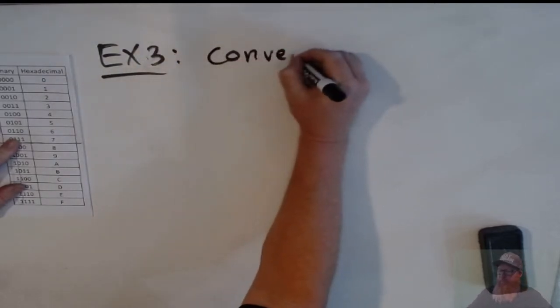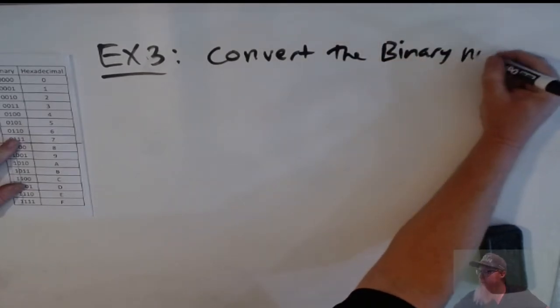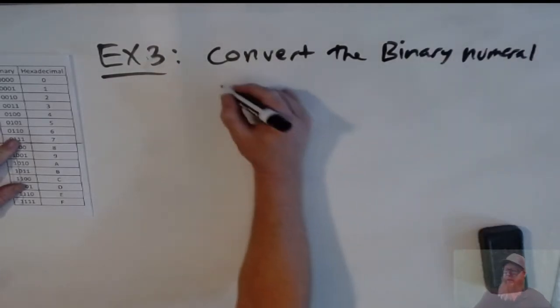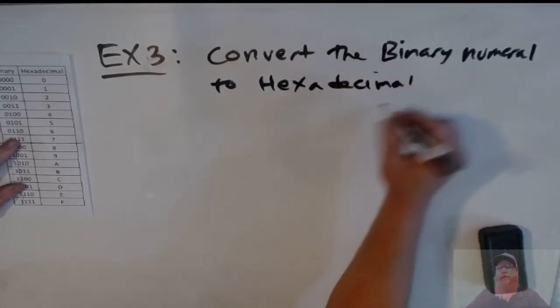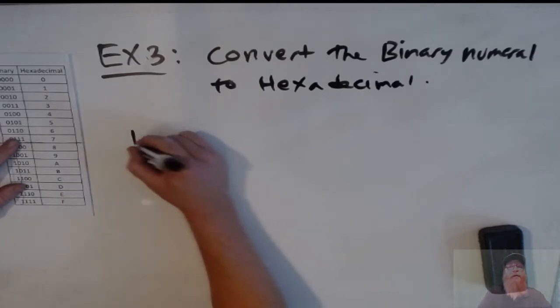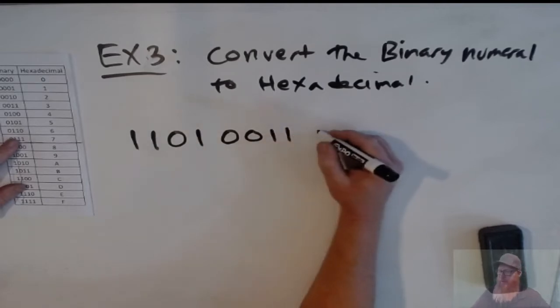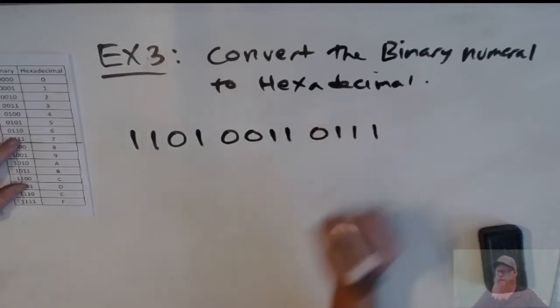All right, so example 3. Convert the binary numeral, or I could also call it base 2, to hexadecimal. 1, 1, 0, 1, 0, 0, 1, 1, 0, 1, 1, 1.